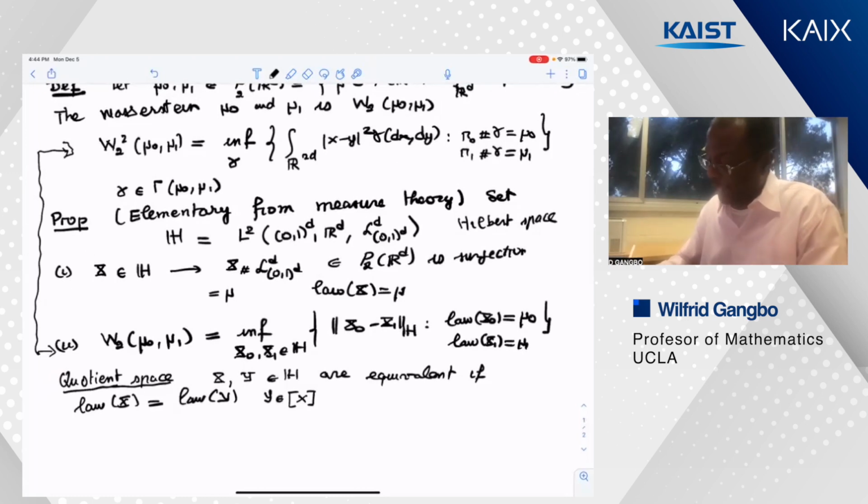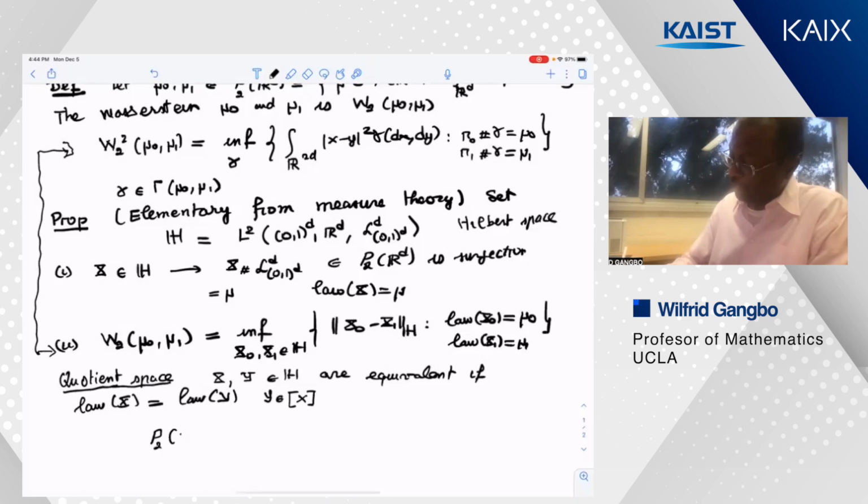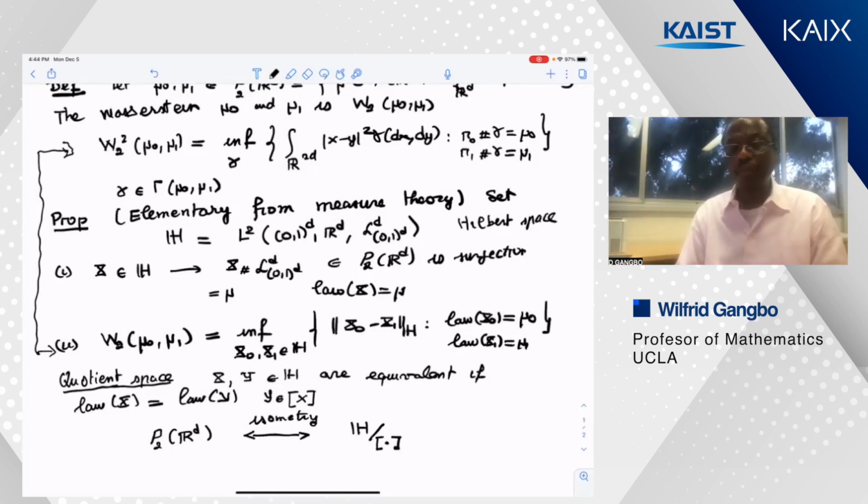So according to what I wrote at the top, when you look at the set of probability measures with finite second moment, and you compare it to H quotiented by this equivalence relation, you have an isometry. So this is the first hint, which is going to motivate how we want to define a differential structure on the set of probability measures.